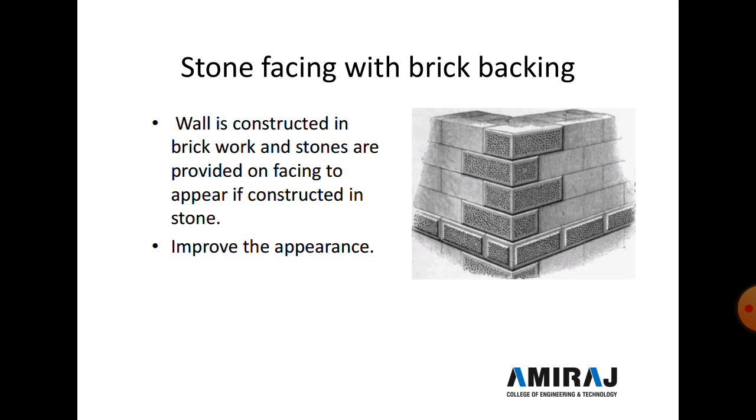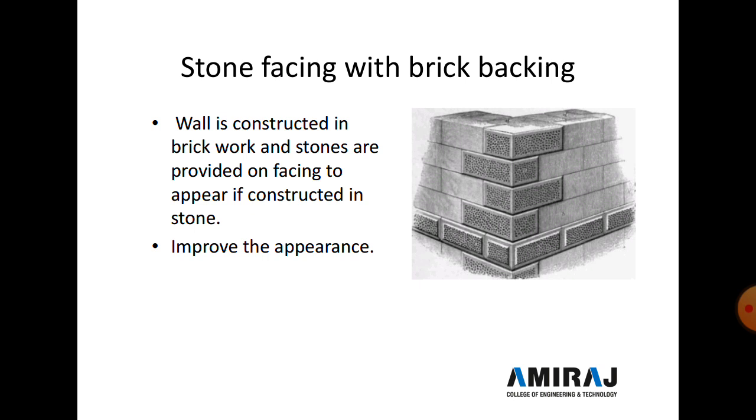The name indicates stone face, meaning on the face side or outer side, stone is provided during construction, which we can see on the front face, and on the back side a brick wall is constructed.